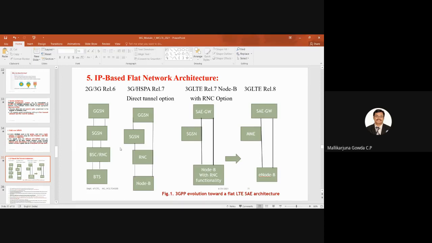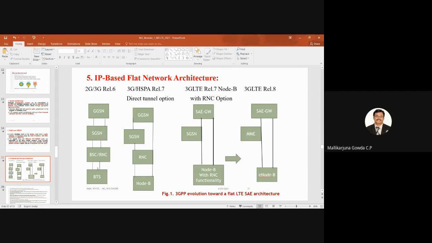Next is BSC, the base station controller, or radio network controller. Then the serving GPRS service node, then the gateway GPRS service node. So these are the four network elements in 2G and 3G, which is release 6.